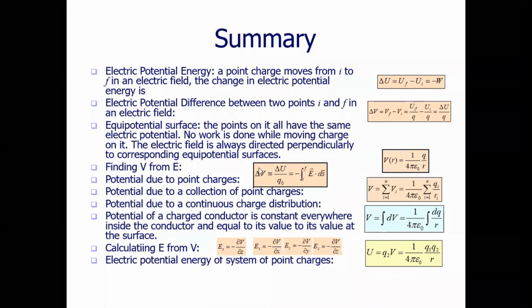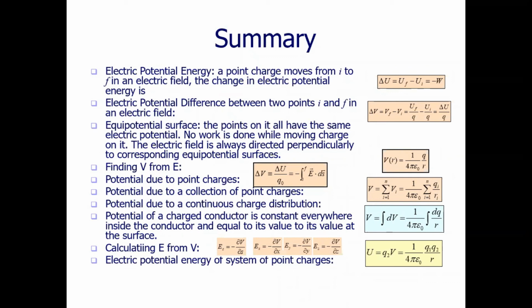Now, just to remind you that this is the change in the potential. If you want to find the absolute potential, then you must talk about the work that is done by moving the charge from a certain position to infinity. We had discussed what infinity is in terms of the electric field. We said that this is the place where the electric field is effectively zero.